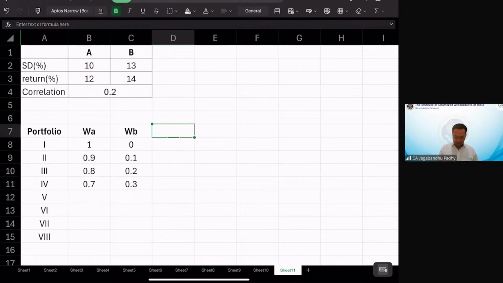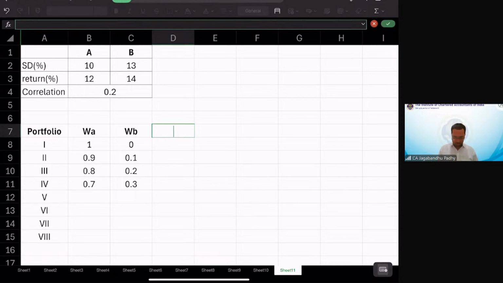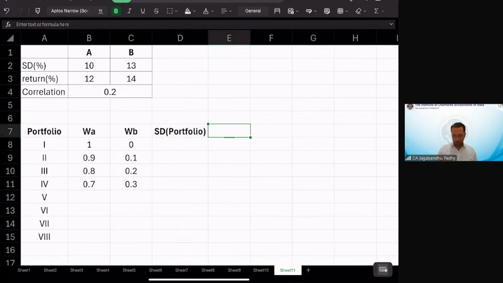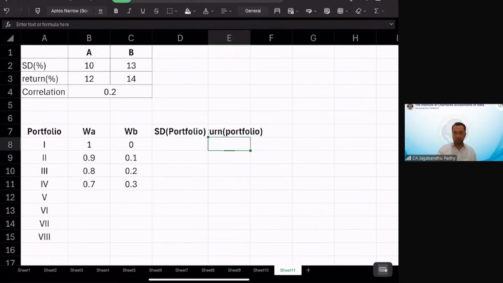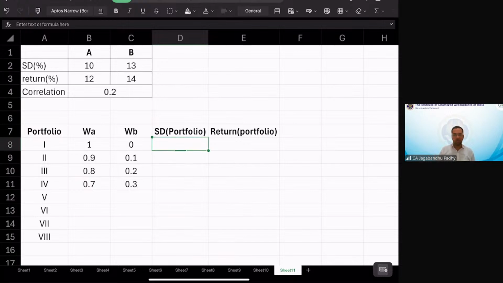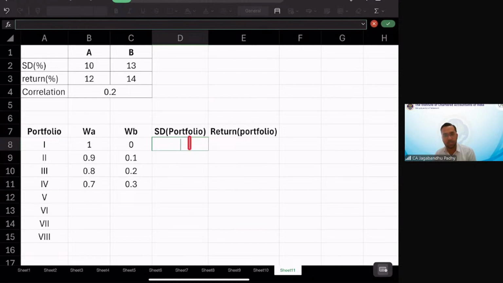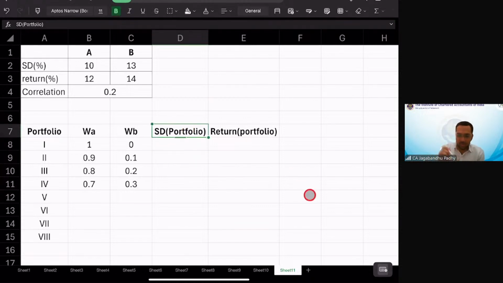Can you compute the standard deviation of the portfolio and also the return of the portfolio? How do we compute the standard deviation of the portfolio, guys? Using the same Markowitz formula. So I'll just write the formula here.